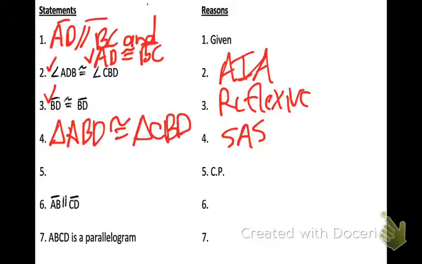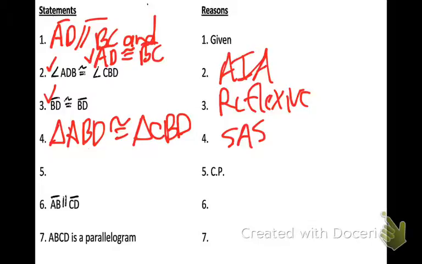How could I say AB is parallel to CD? How do I know that? What about ABD and CDB? What would we call them? What kind of angles are they? What's their relationship to each other? Yeah, they're alternate interior angles, right? And they're congruent.